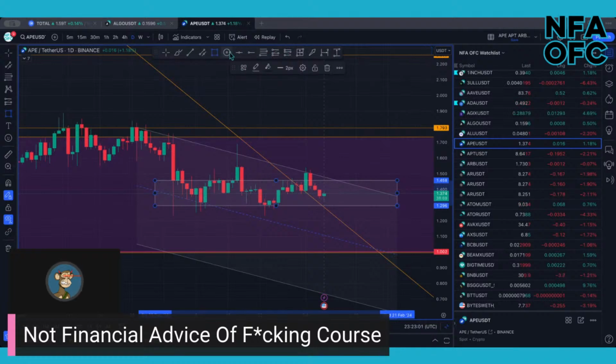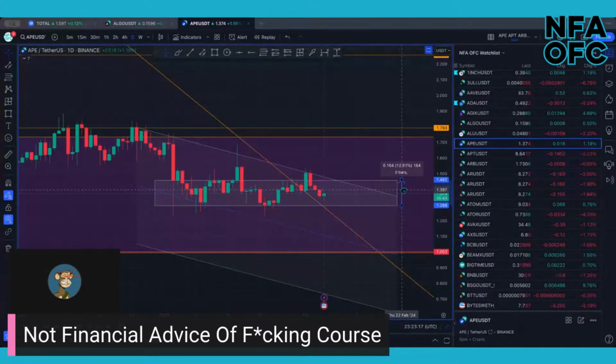So this makes sense, at least it does to me, to be our consolidation area in here. This one consolidation box alone is 12.65%, which is nice, healthy returns.